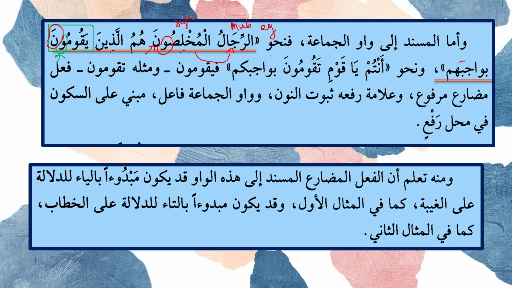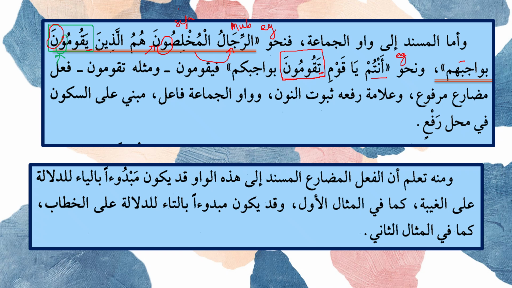And another example is antum. Now this is a separate pronoun and it is used only for male plural. Ya qawmi taqumun. Our fi'l mudari' in question is now taqumun. So you can see the difference, the ta and the ya. The fi'l mudari' is the same.